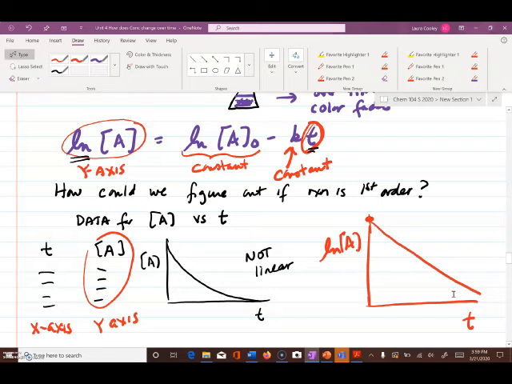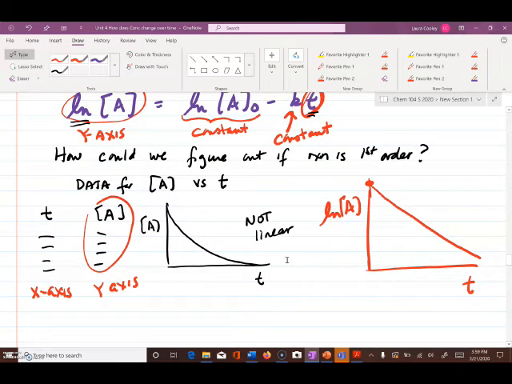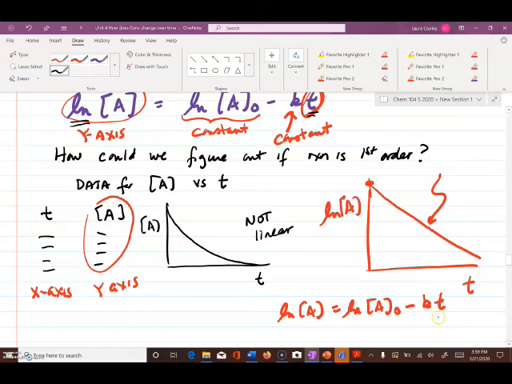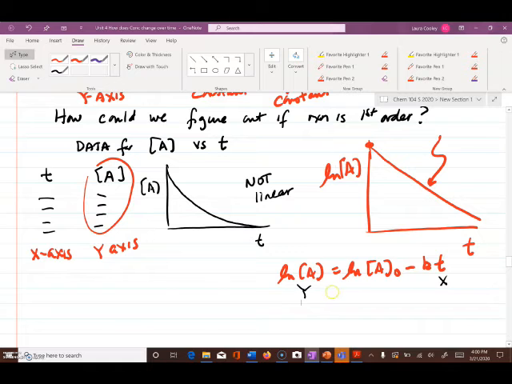From this equation, the log of A is the log of A0 minus kt. If time is plotted on the x-axis and the log of A on the y-axis, then the slope is minus k, because remember we have y equals b plus mx.